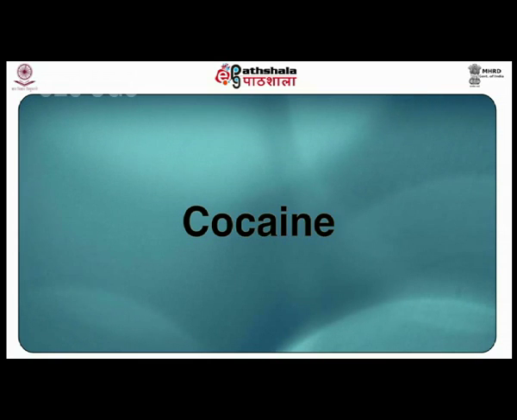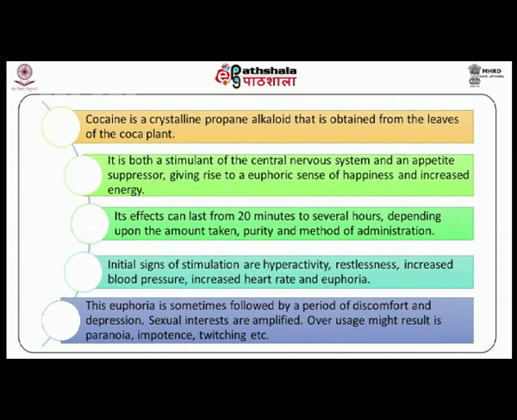First comes cocaine. Cocaine is a crystalline tropane alkaloid that is obtained from the leaves of the coca plant. It is both a stimulant of the central nervous system and an appetite suppressor, giving rise to a euphoric sense of happiness and increased energy. Its effects can last from 20 minutes to several hours, depending upon the amount taken, purity, and the method of administration.